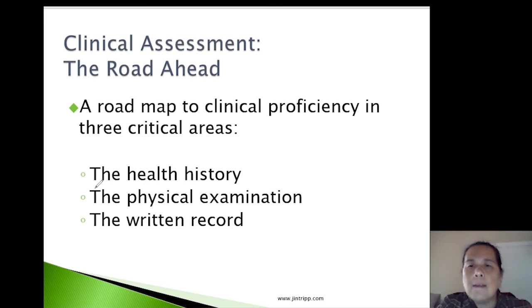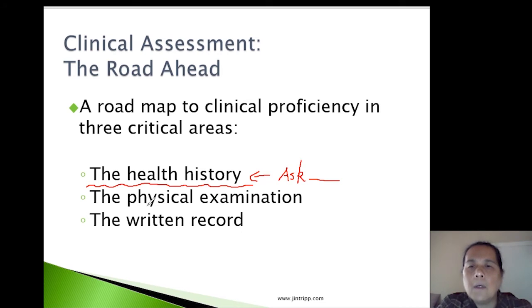But generally we separate it into 2 parts. One part is history taking, or health history. That's basically just the asking questions part.